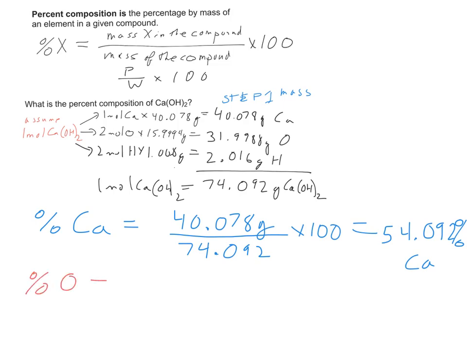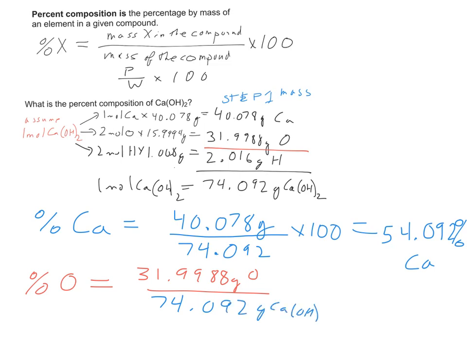My percent oxygen in the compound would be the mass of oxygen in the compound, 31.9988 grams of oxygen, divided by 74.092 grams of calcium hydroxide times 100 equals 31.9988 divided by 74.092, and that gives me times 100, 43.188% oxygen. And then I have two options to get my hydrogen.